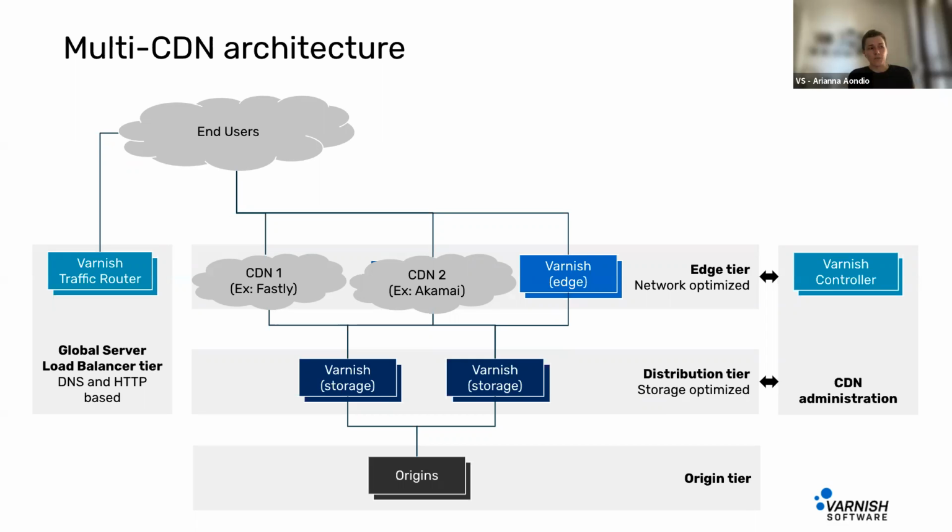So this example, this diagram, is not made out of nowhere. It is based on previous experience, and that's what we have seen working really well for some of our customers, and that's kind of the standard out there. And typically what we want to do when distributing content is to have different layers of caching.